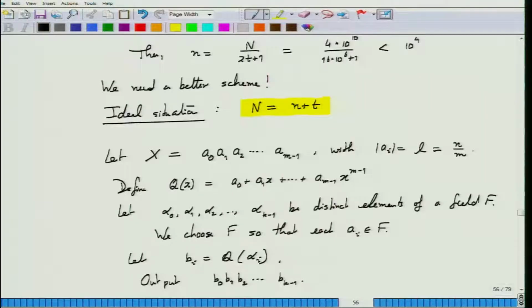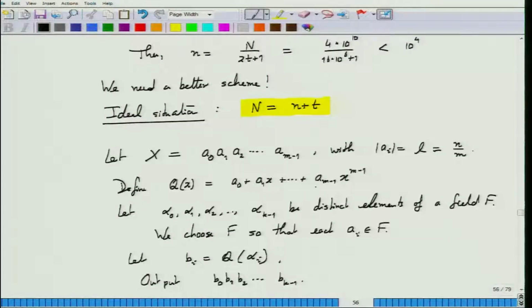Well, it depends really on the field on which we are working. So let's say we are working, to begin with, with integers. That's the most natural starting point, that each a_i I treat as an integer between 0 and 2 to the L minus 1, and then evaluate this polynomial and see what result we get. So what is going to be the size of the number b_i when you evaluate polynomial q on alpha_i?